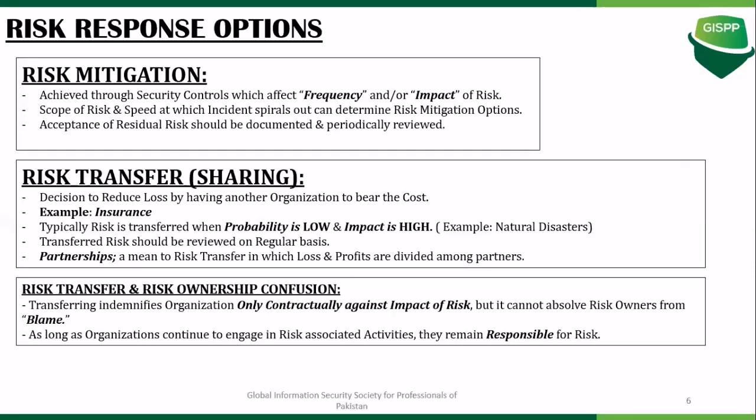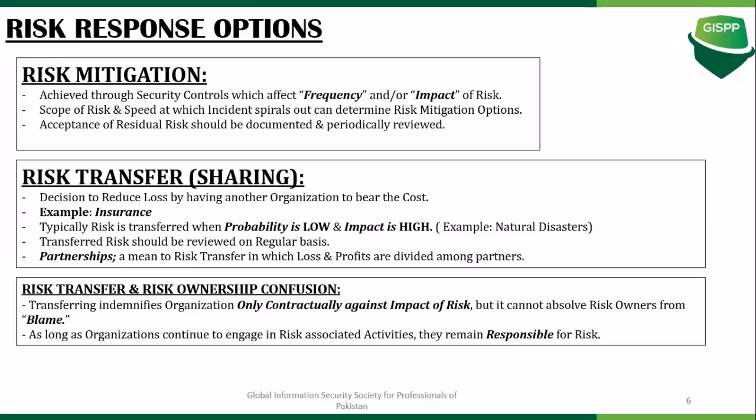This is usually employed when the probability or frequency of an event is low, but the impact that it is going to cause is high. One of the examples being natural disasters. Again, as for all the other risk response options, transferred risk also needs to be reviewed on a regular basis to ensure that it remains appropriate and adequate.